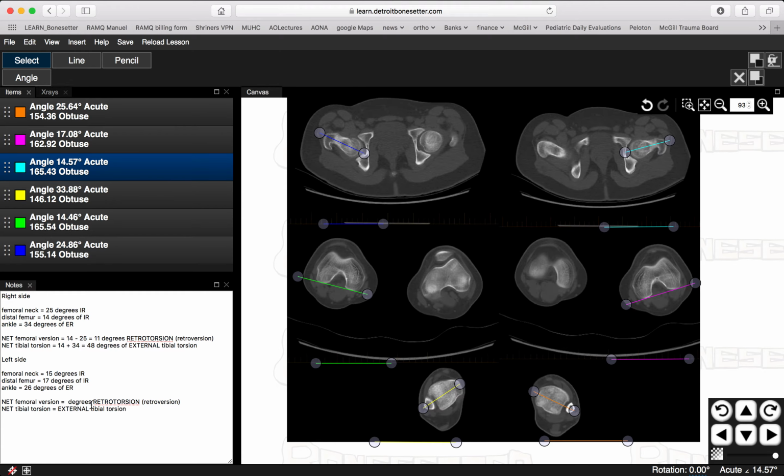So it's going to be 17 minus 15, and you'll be left with 2 degrees pointed external. So that would be 2 degrees of antiversion or antitorsion.